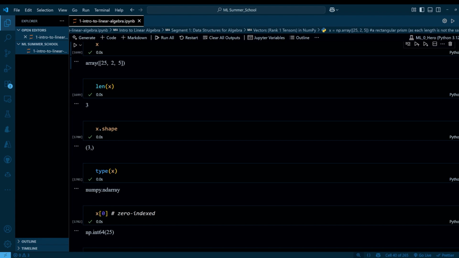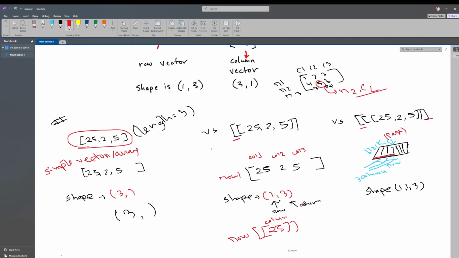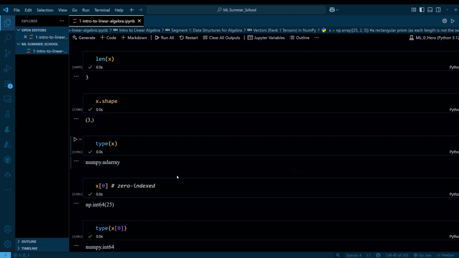Okay, what does it mean? As I mentioned earlier, if you see 3 comma, that means we have 3 values. That's it, nothing more. I mentioned this earlier, right? If you check the type of it, you'll see this is an n-dimensional array, nothing more. Now you can ask why multi-dimensional.